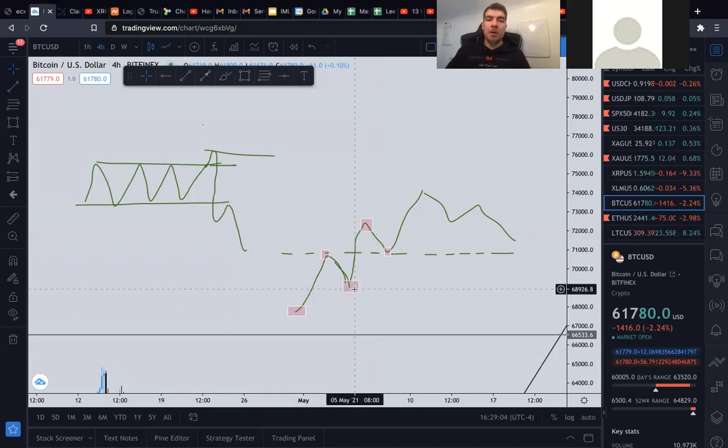This low now is higher than this one. So if price stops at a particular area and then continues to the upside, boom, the market is now uptrending. In which case, this piece from here to here is a pullback to the downside, and we want to know exactly where to take a buy position in the market.